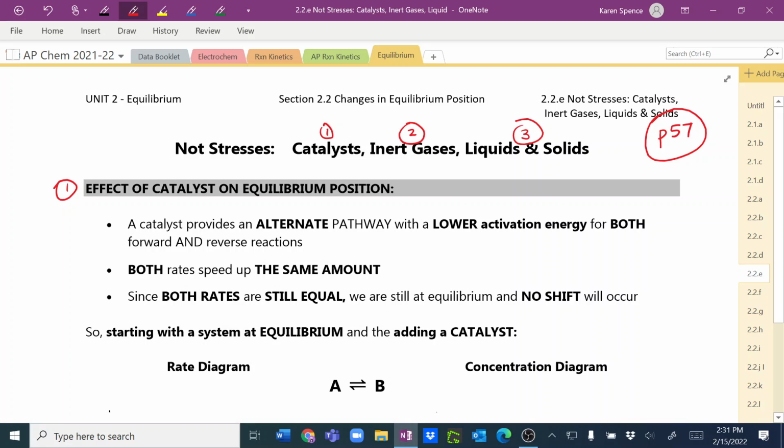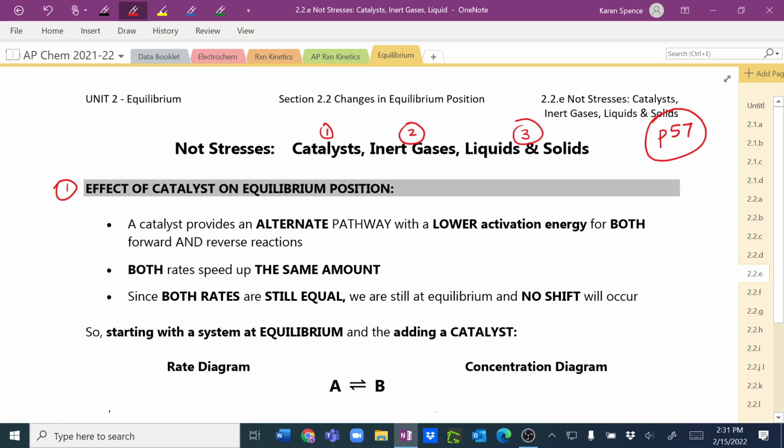You want to say it provides an alternate pathway with a lower activation energy. Like I've read the readers' reports. The readers are the people, they don't call them markers, they call them readers. And if you read their comments, they don't want to hear just the one, they want to hear both. Okay? So the catalyst provides an alternate pathway with a lower activation energy.